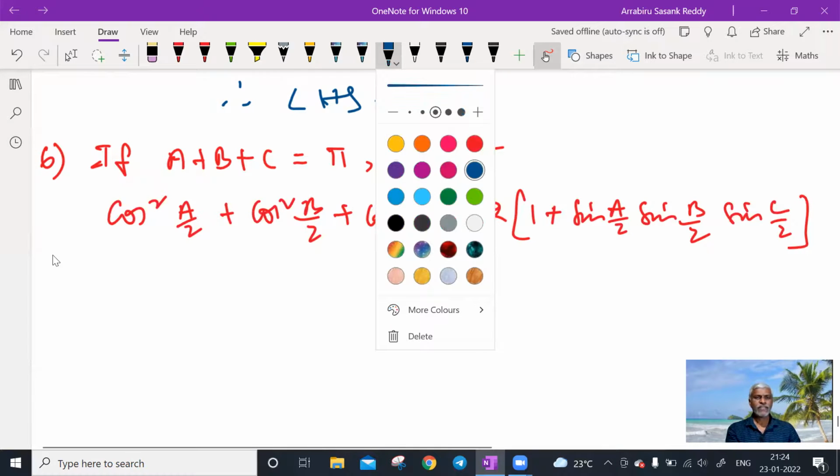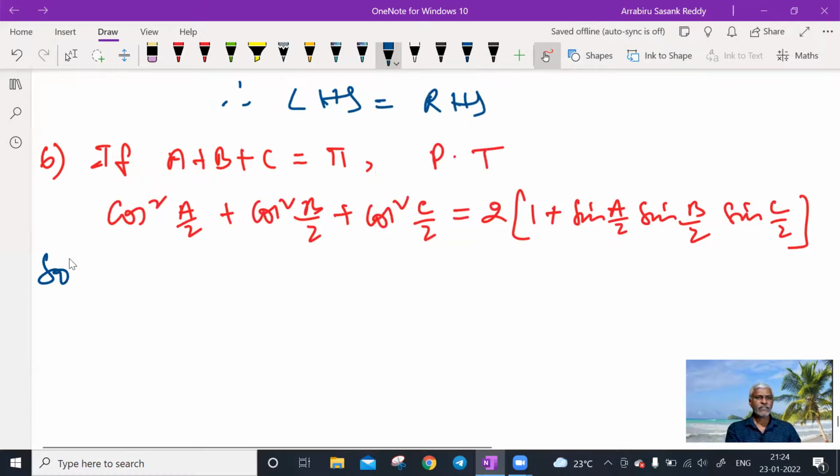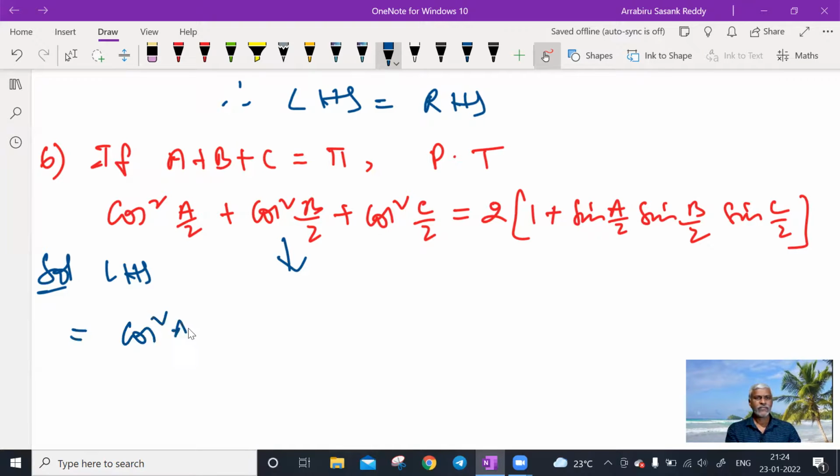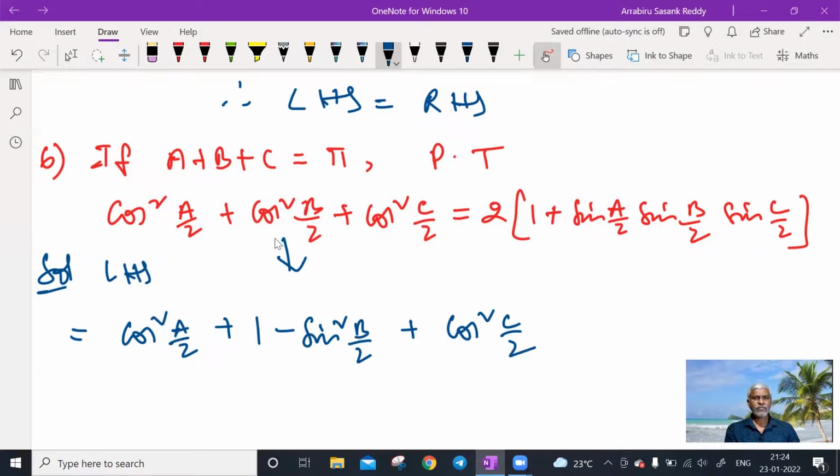Now let us take the left hand side, cos square a by 2 plus cos square b by 2 plus cos square c by 2. Write the first term as it is. In place of the second term, you write 1 minus sin square b by 2, cos square as 1 minus sin square, and the last term the same. In the first step we are writing cos square b by 2 as 1 minus sin square b by 2.